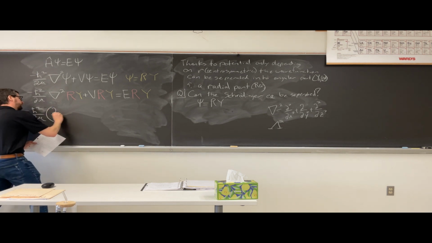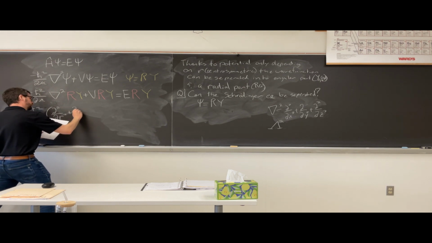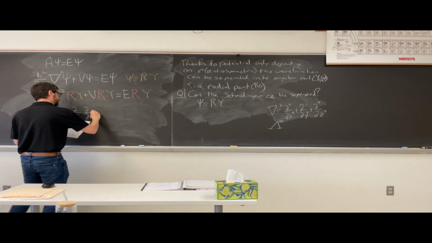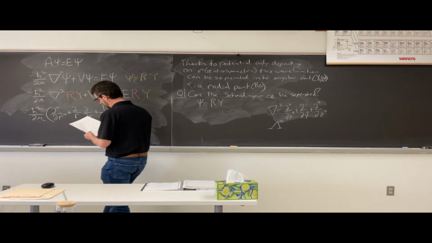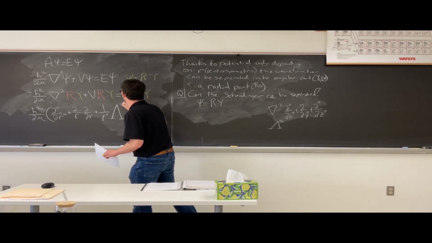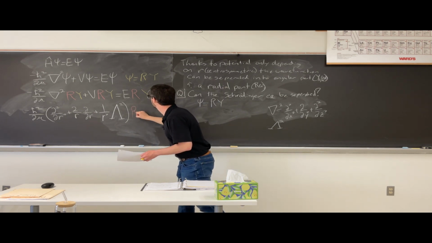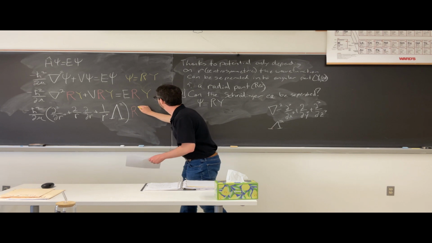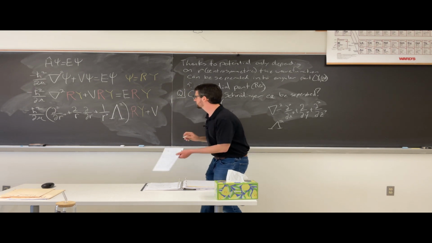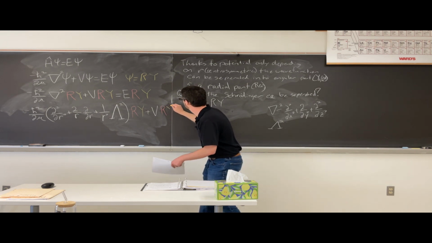We get partial with respect to r squared plus 2 over r partial with respect to r, plus 1 over r squared lambda squared, R Y, potential, R Y.